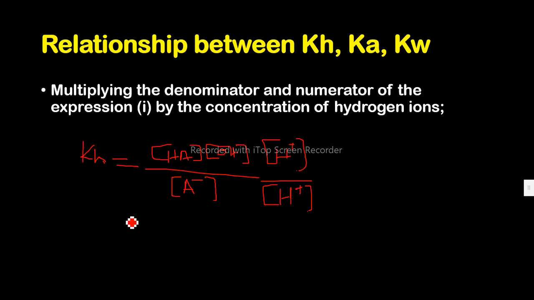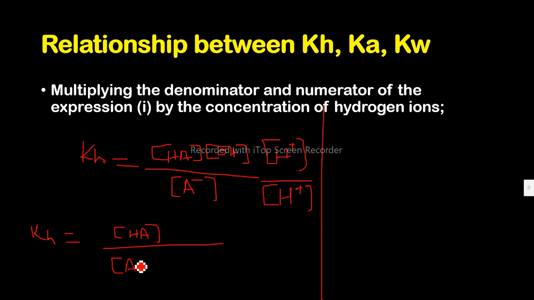Now from this, there is no harm if I write my KH as the concentration of HA, undissociated acid, out of the concentration of A minus, times the concentration of hydrogen ions, times the concentration of OH.